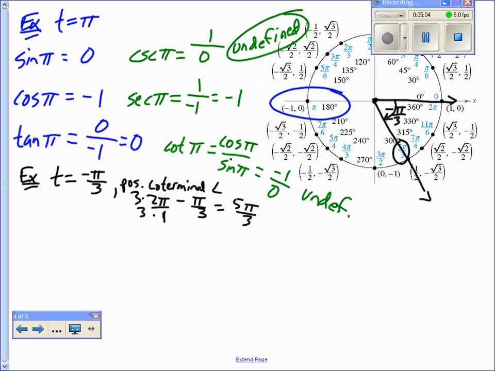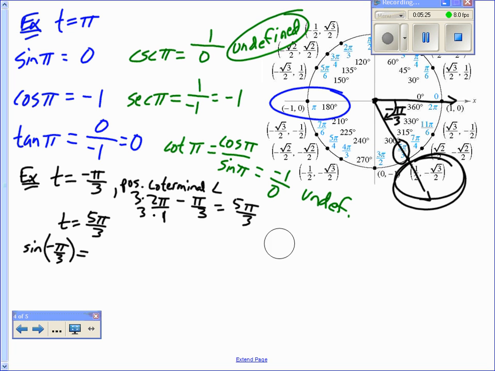When we're finding the sine of negative pi thirds, it's the exact same thing as finding the sine of 5 pi thirds. So I'm looking right here: 1/2, negative root 3 over 2.